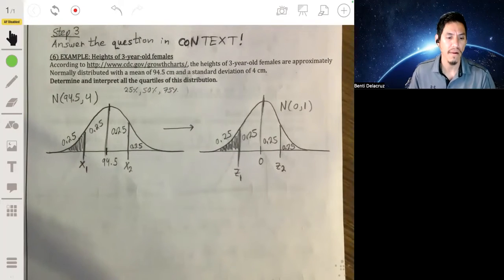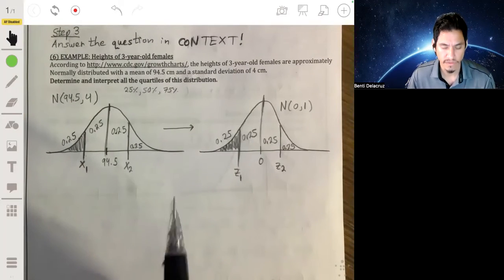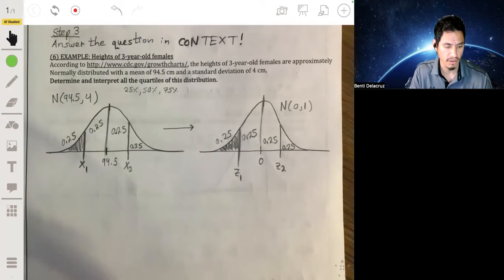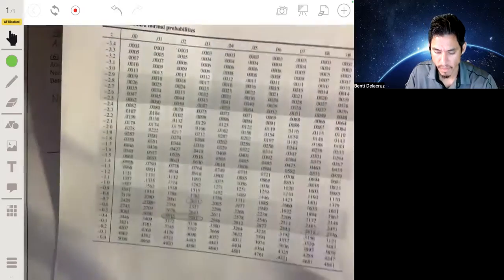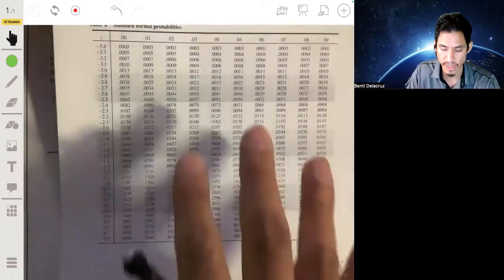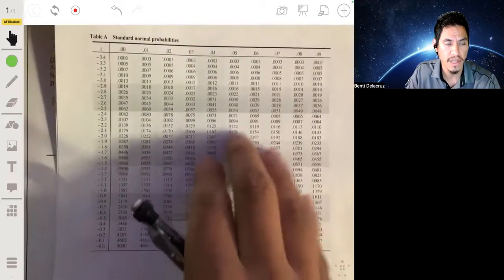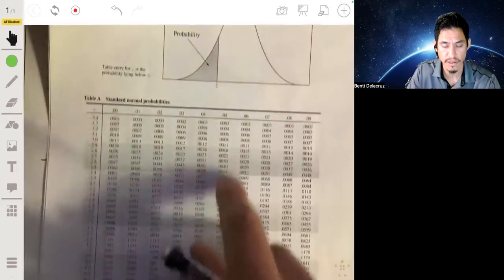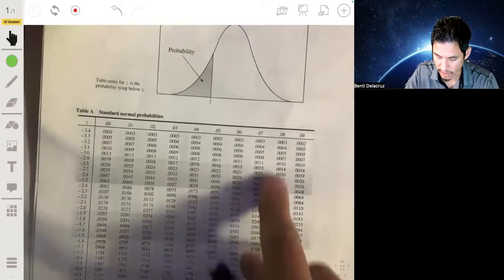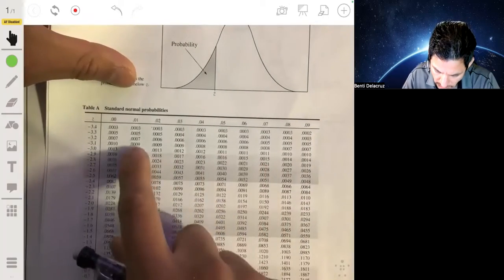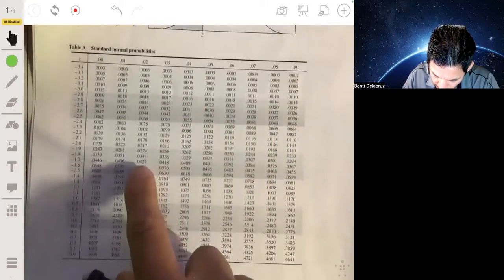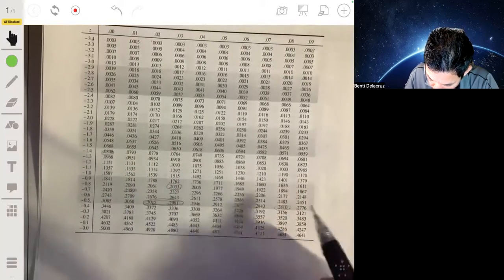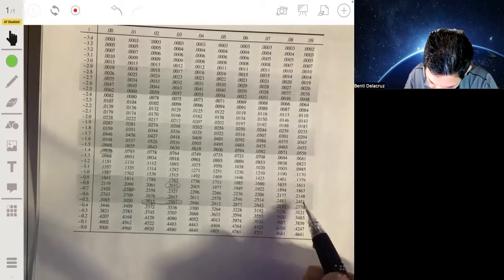So let's first figure out what those Z values are by using our table. We go to our Table A, and we're going to look from the inside out. We're going to look from the area in here to the corresponding Z-score. Remember, these values tell you the area to the left. So we want to look for the value close to 0.25 first. You won't usually get the exact value, but you want to get as close as possible. It's in order, so going up, 0.2451.